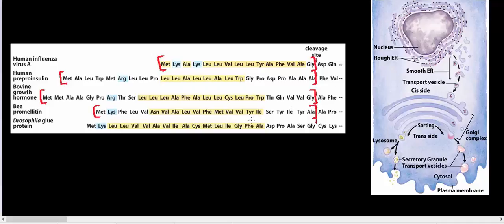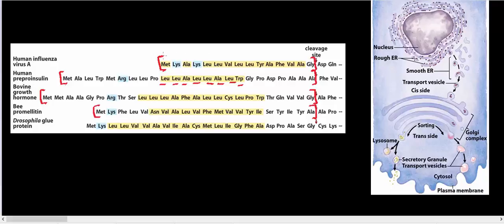So in general, when you look at these sequences, you'll notice here's a leucine, an alanine, leucine, alanine, leucine, tryptophan, certainly hydrophobic. You have all these hydrophobic residues, and on average, it's about 6 to 20 of them. And this exists basically on the N-terminus of the protein. And you have this long sequence of hydrophobic residues.